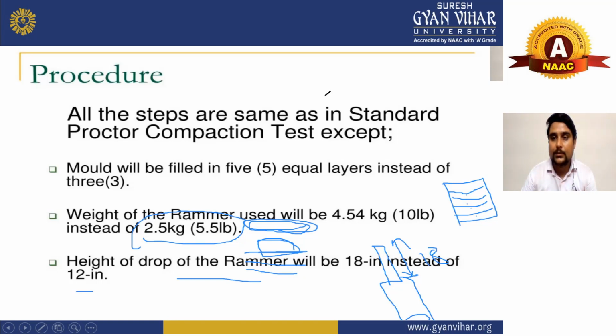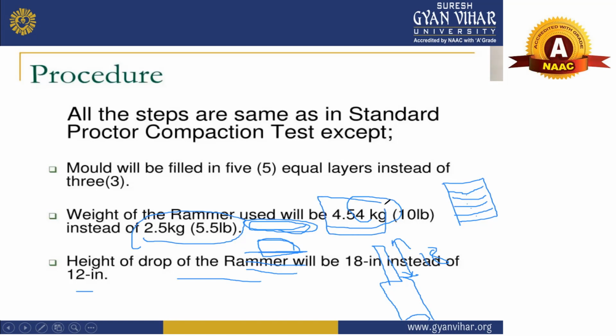And in many exams, this kind of question may be asked to you: what will be the number of layers for the standard Proctor test, and what will be the number of layers in the modified Proctor test, and what will be the weight of the rammer in the standard Proctor test, and what will be the height of drop. You have to remember these data, because in the exam this type of question may be asked: what will be the weight of the rammer in the modified Proctor test?